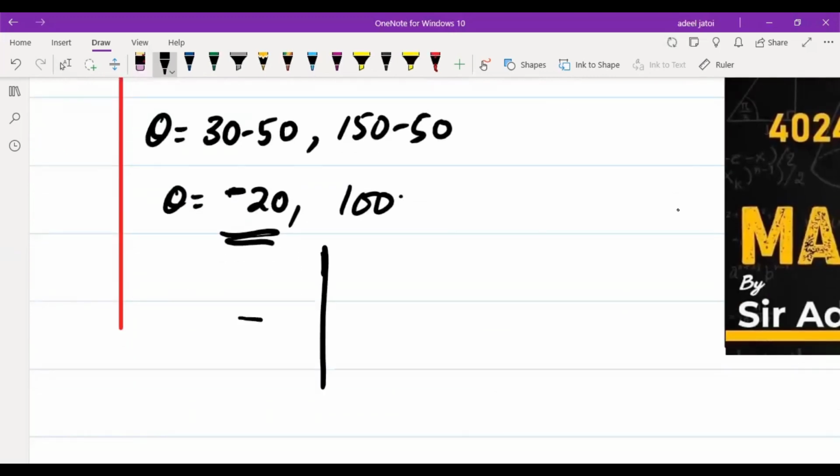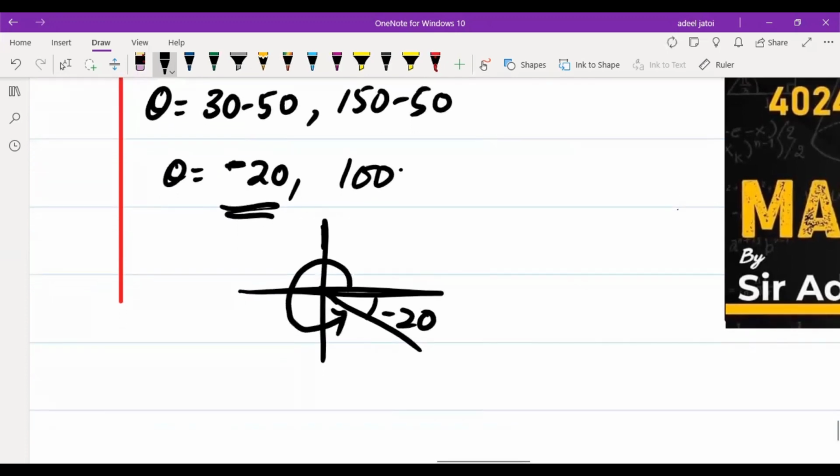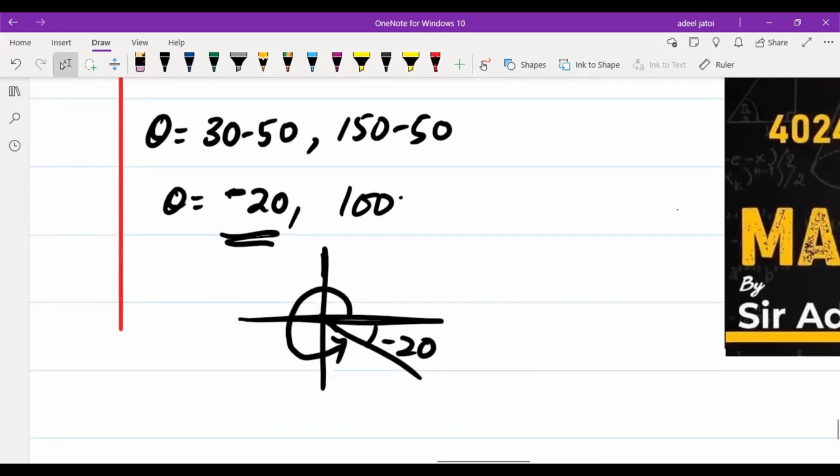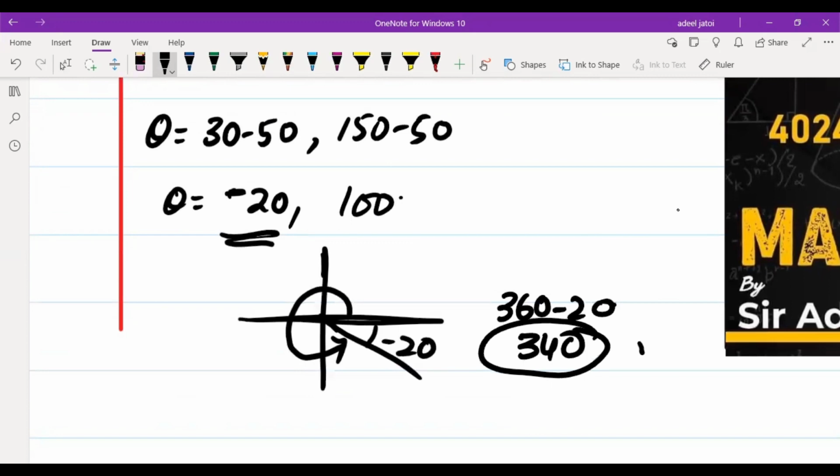Negative 20 means the negative cycle, so if it comes here, we go anti-clockwise till 20. So the answer that we will have is 360 minus 20, which will be 340. One answer will be 340. The other answer will be 100, which is given. So there are two answers for this, 100 and 340.